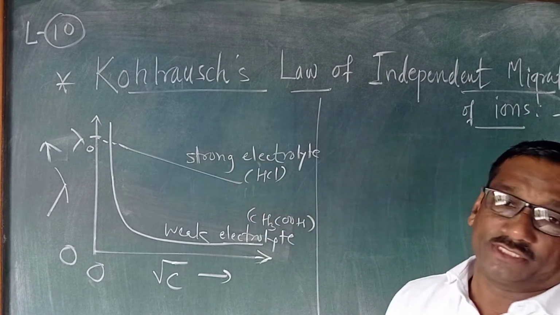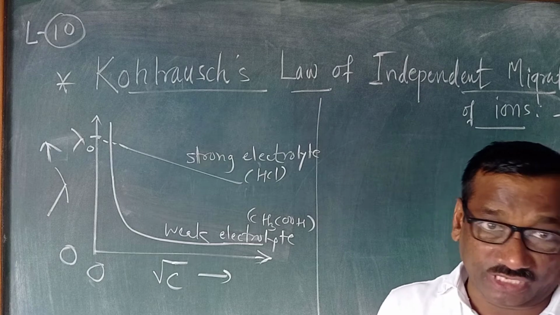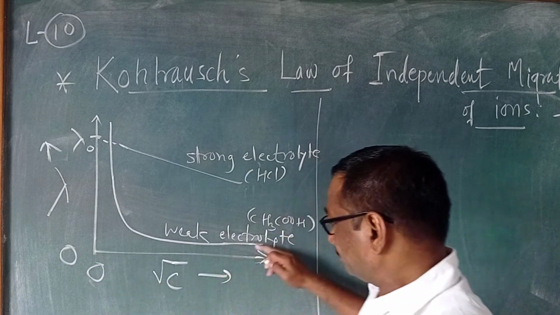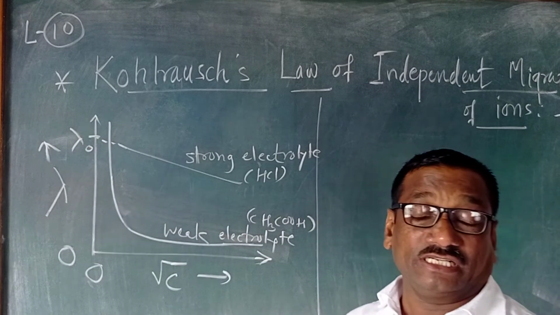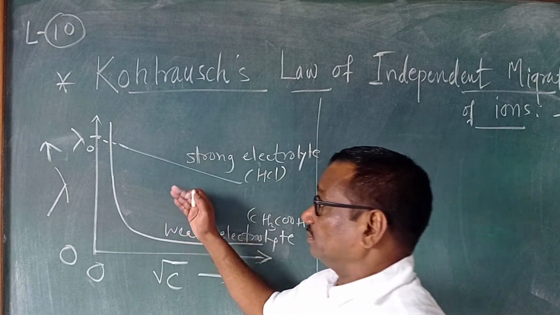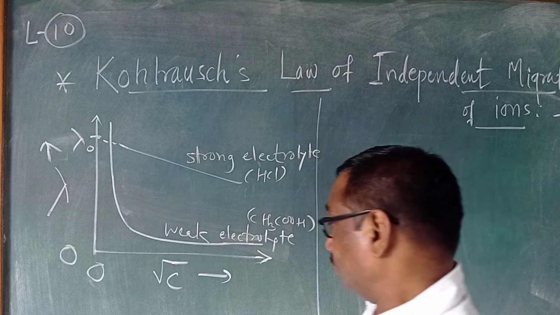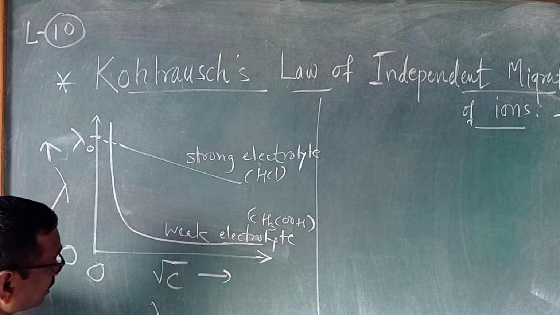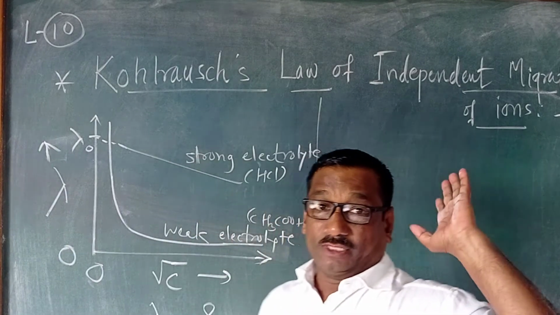For strong electrolyte, we can find the lambda 0 value by extrapolating the graph. But for weak electrolyte, as the concentration decreases, the equivalent conductance increases sharply or rapidly. We cannot extrapolate the line to find lambda 0. So, for weak electrolyte, finding lambda 0 is not possible.